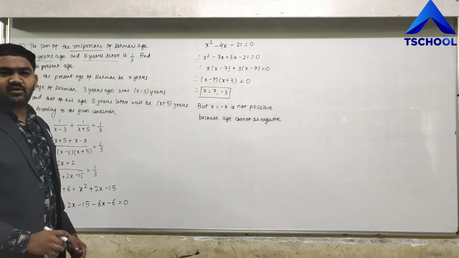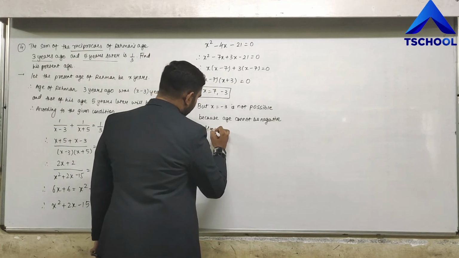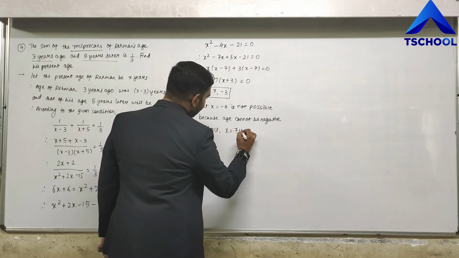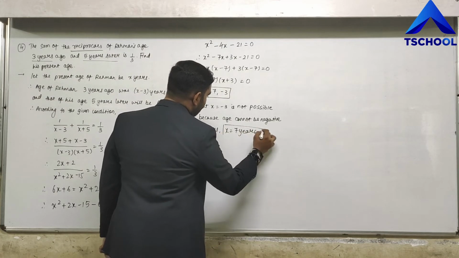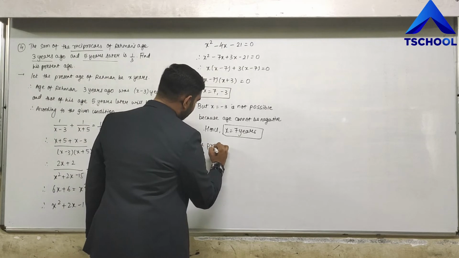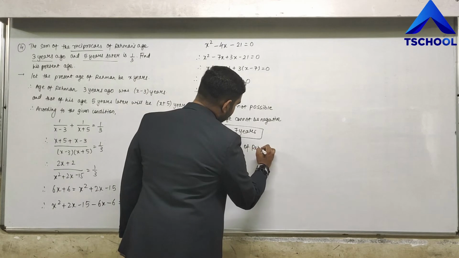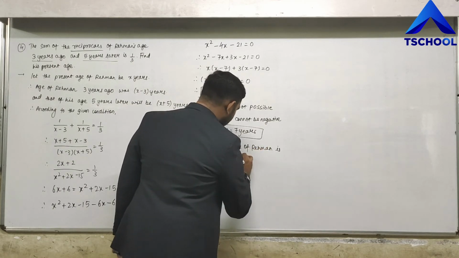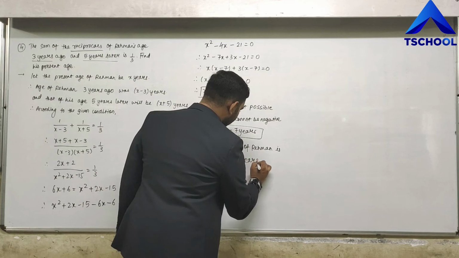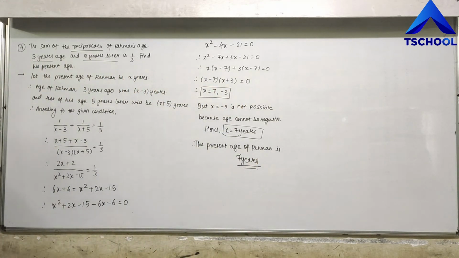Hence, x equals 7 years. Or you can say, therefore, the present age of Rahman is 7 years, right? So, in this way, you can solve this condition given to you. Is it clear, friends? Right?